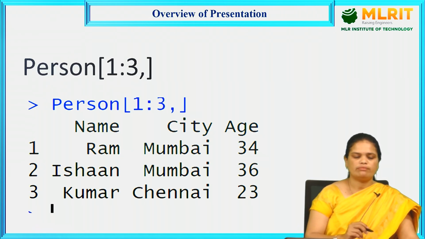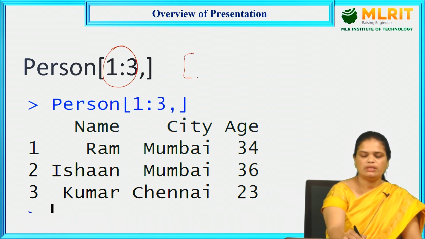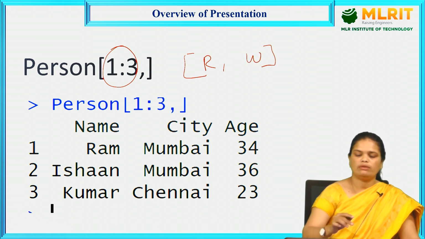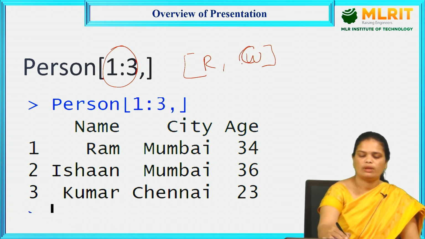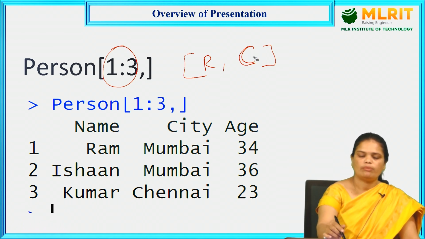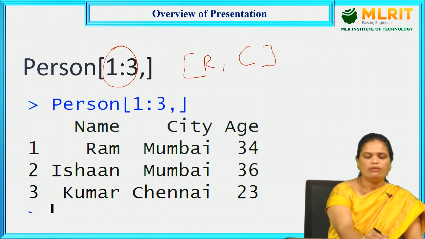Now look at this, we can use a sequence. Whenever we write this, the part before the comma indicates the row and the part after the comma indicates the column. Here we are taking 1, 2, 3.